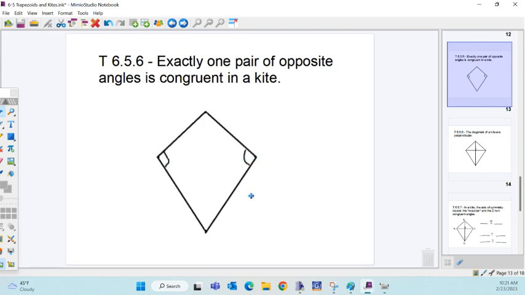And interestingly, the diagonals share a trait that was also a trait in a rhombus, which would be that the diagonals are what? Congruent? The diagonals are not congruent. Diagonals are what? Perpendicular.